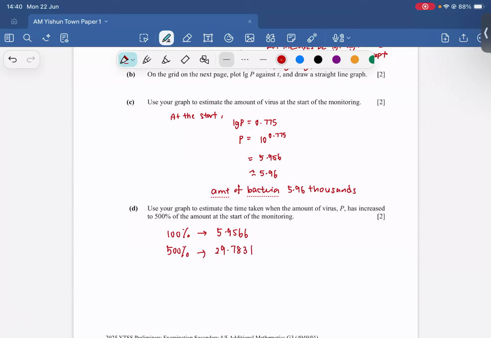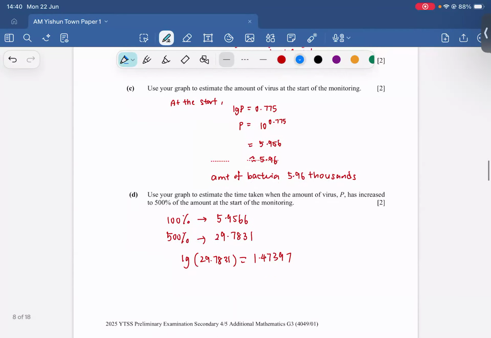Okay, so this is what we want to monitor. This is our P. To use the graph, we need to find what is log 29.7831. I get 1.47397. So we need to read 1.4739 from the graph.